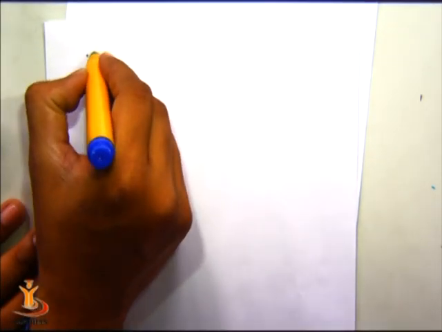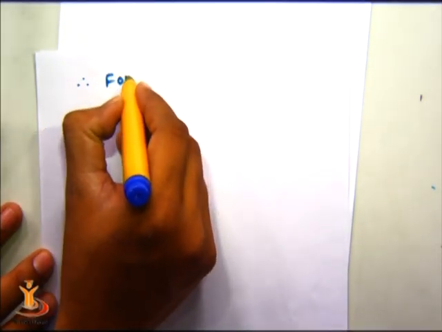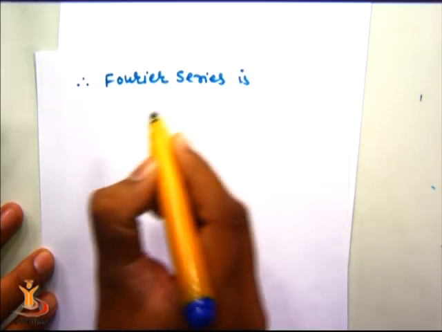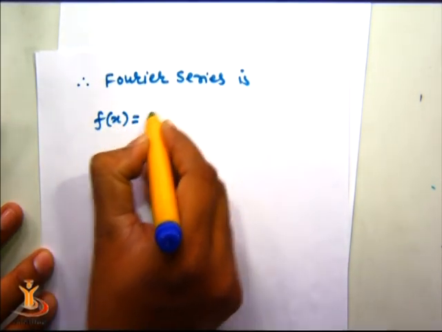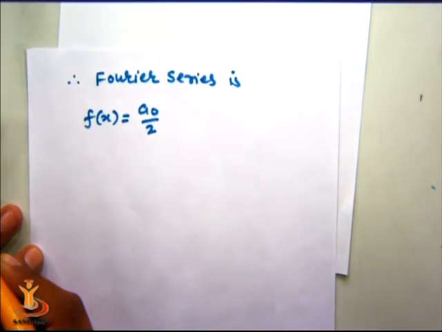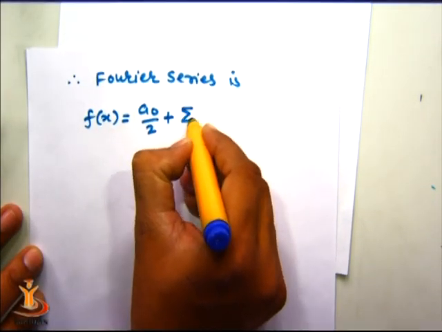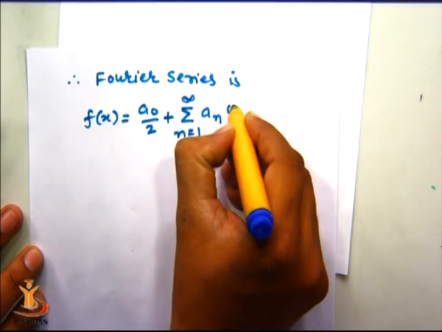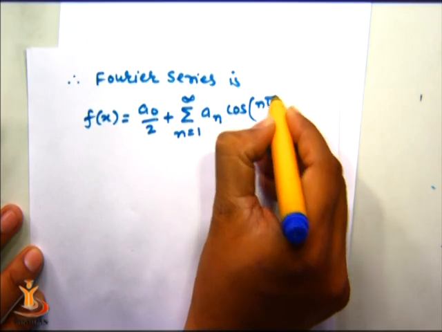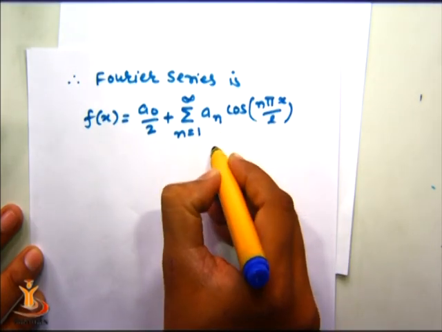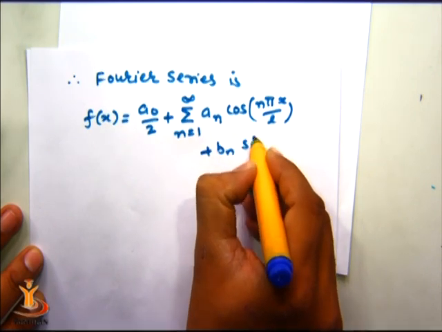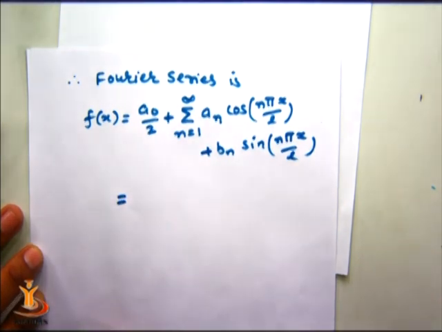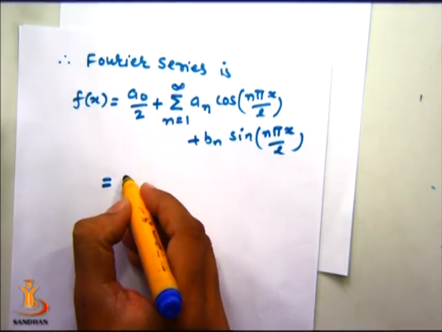Therefore the Fourier series is given by the formula a0 by 2 plus sigma n from 1 to infinity of an cos n pi x by L plus bn sin n pi x by L. So the value of L is equal to 2 here, and the value of a0 is 0.